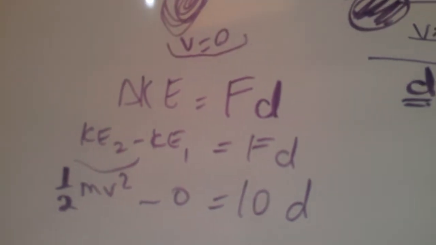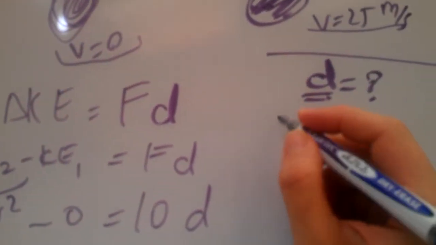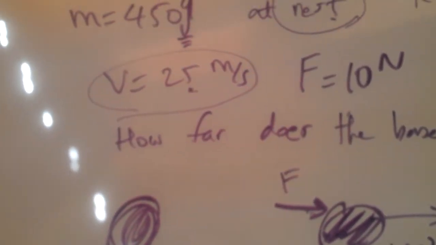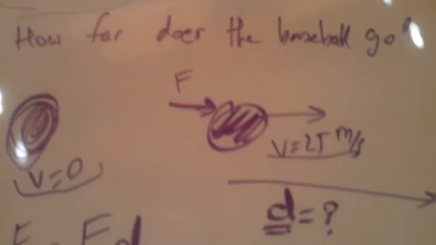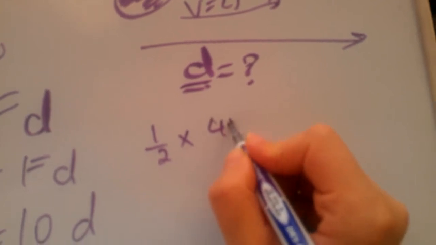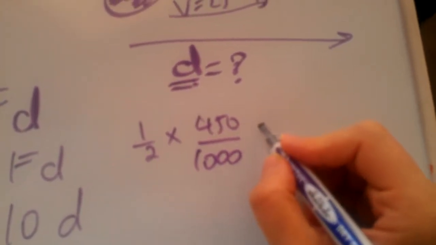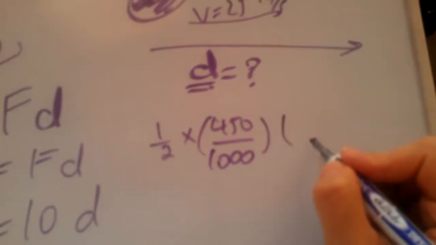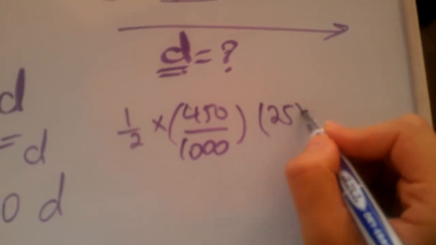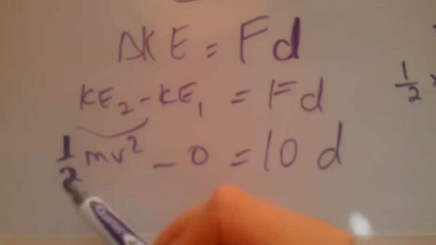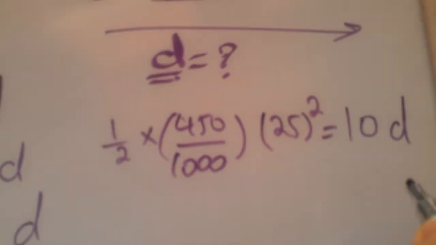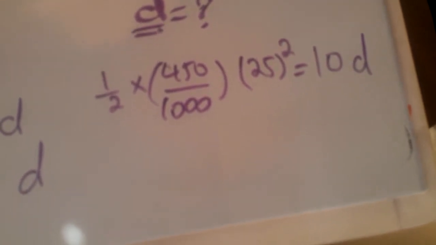And then I'm solving for the displacement of the ball as I hit it. So let's plug things into the formula for kinetic energy. It's essentially a half times the mass. The mass is 450 grams. Grams are smaller, kilograms are bigger, so 450 grams divided by 1,000 gives me the kilograms, times v squared, and I know v is 25 meters per second, so 25 squared, and that minus 0 gives me 10 times d. So we'll do the math here first.